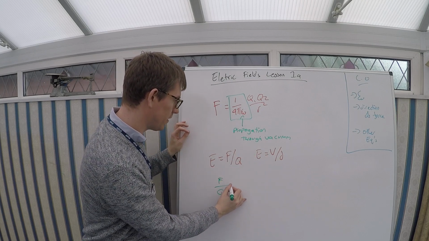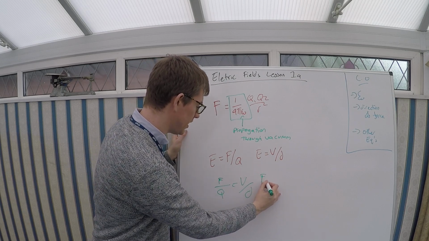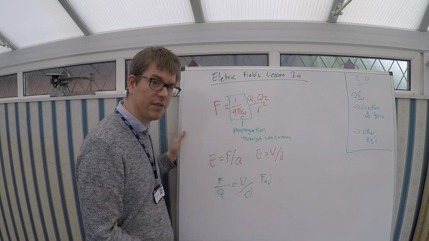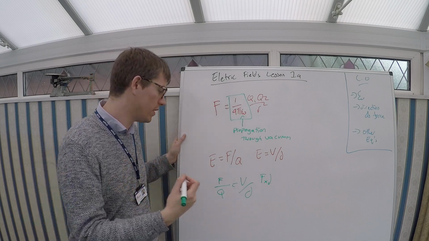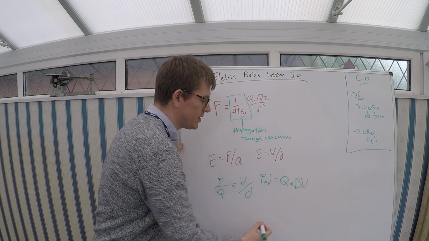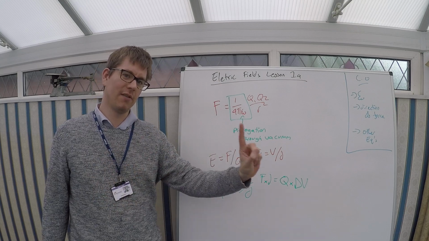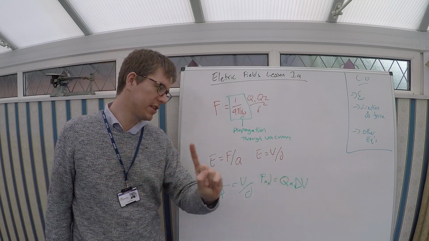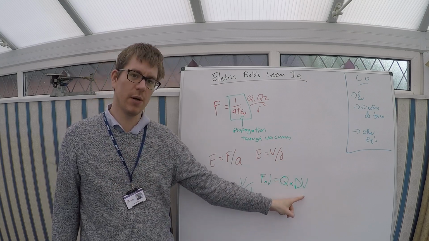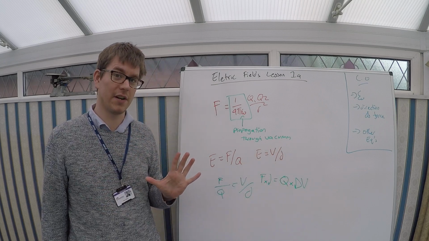So you can say F over Q is equal to V over D. We can rearrange and say force times distance, which you already know is a measurement of work done, is equal to the charge times the change in potential. So if you know what the force is and how long it is, when you're doing the force distance equation, you can flip that into charge potential equations and vice versa, which turns out to be useful in all sorts of different areas of electric fields.